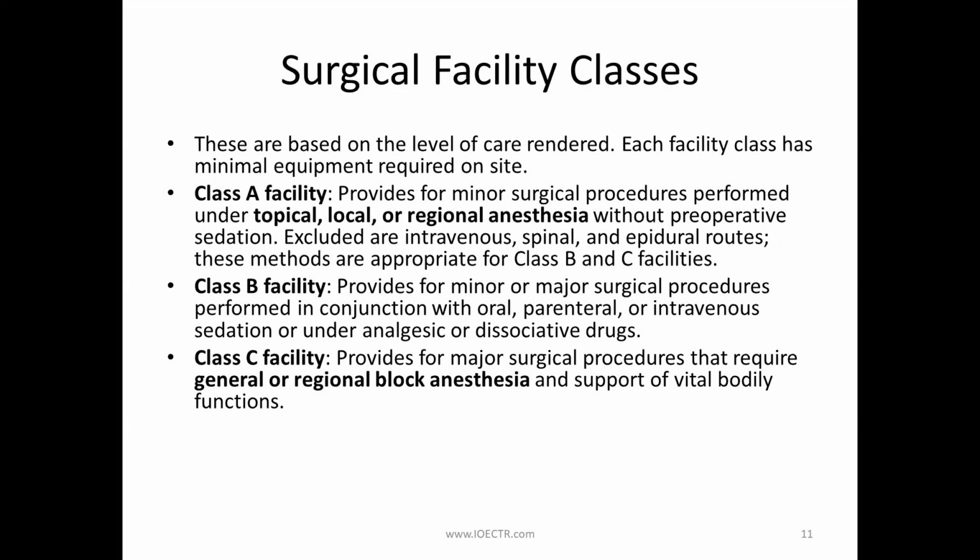So once again, you have that terminology issue there. You really can't refer to it as a facility, but this is appropriate. Basically, topical, local, or regional anesthesia. The local is the main word here. Then class B facility. Again, it also relates to the anesthesia. And then class C, again, is like the others where it's the highest level and you would have general anesthesia.